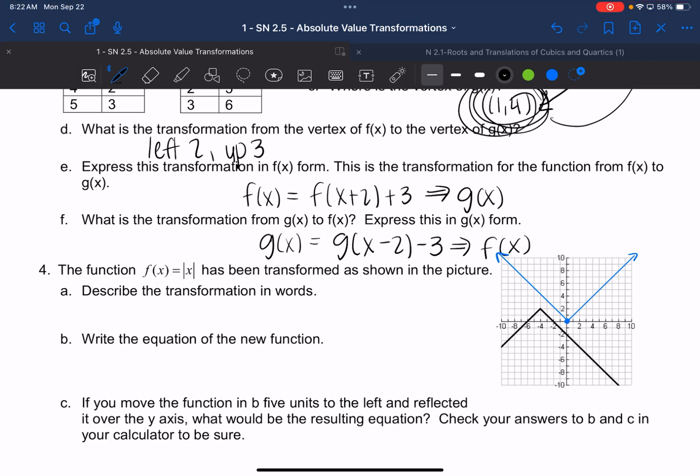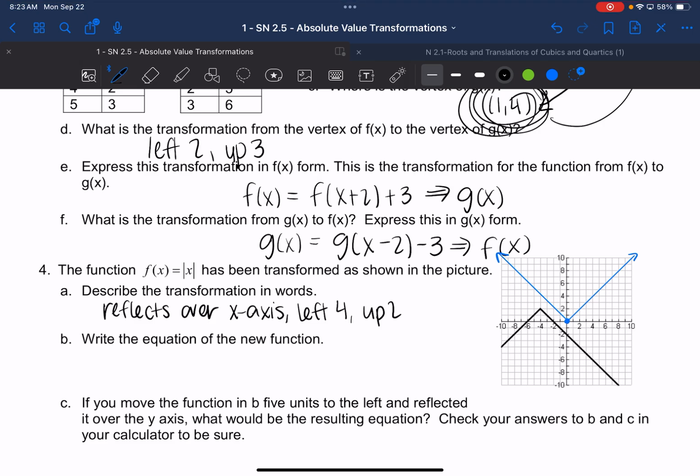What's different about them? It was reflected over the x-axis. Very good. So reflects over the x-axis. What else we got? Good. So left, how many places? 4, okay. And up 2. Very good.